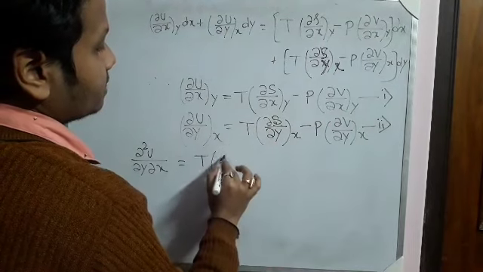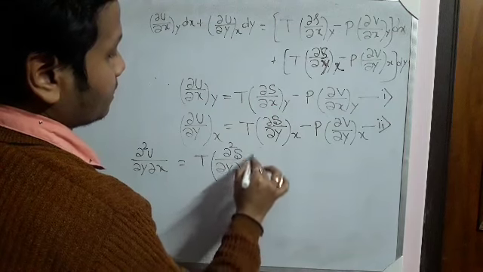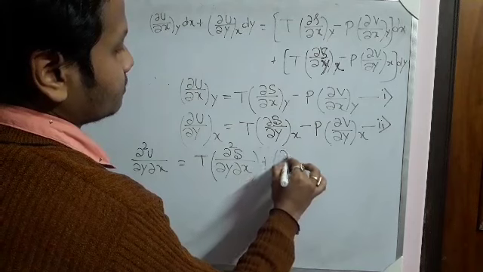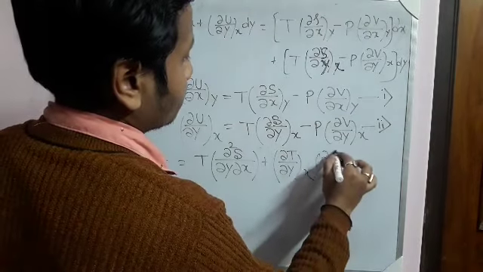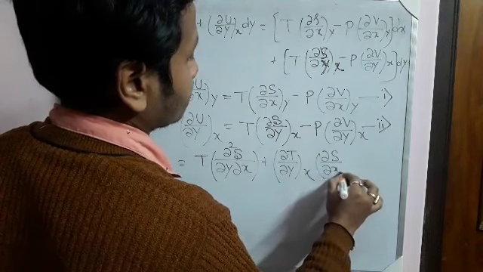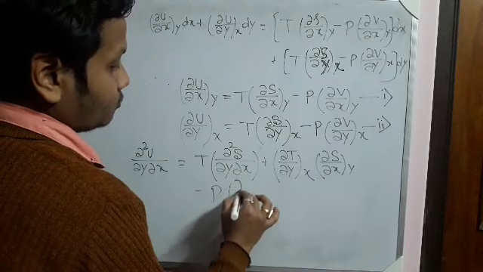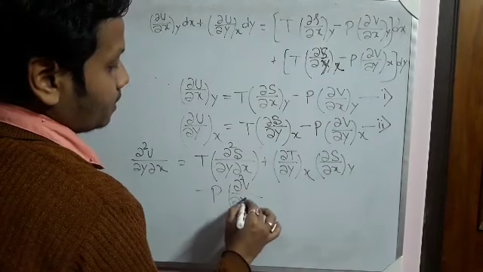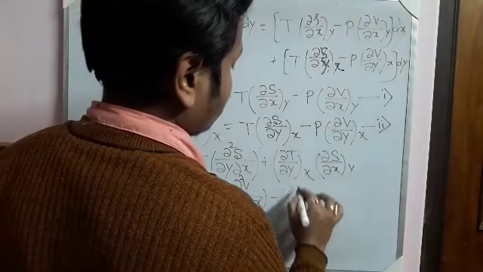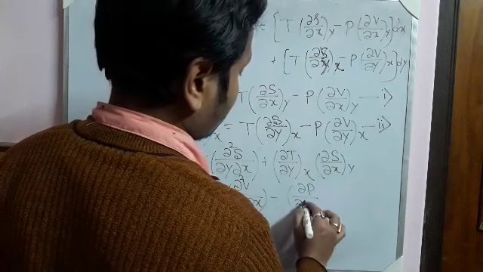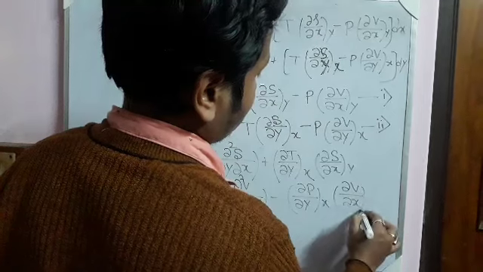If we partially differentiate this, it becomes del 2y del y del x, and if we differentiate partially t, so del t del y x, and this term is fixed, del s del x y, and this term, if you keep p constant and do it, that will be del 2v del y del x. And then del p del y x constant, and that is del v del x y constant.